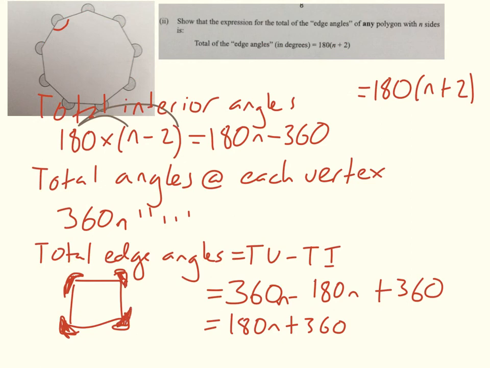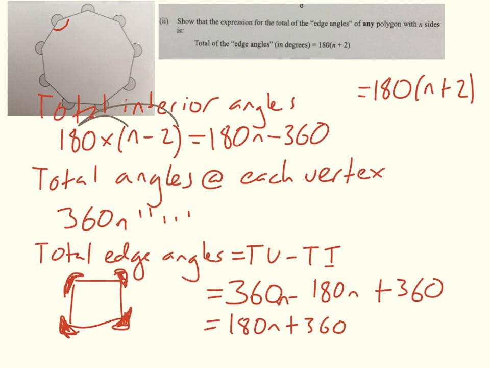I would just go 180 times n plus 2. So 4 plus 2 is 6. 180 times 6 is 1080, I think. And so those angles there add up to 1080.